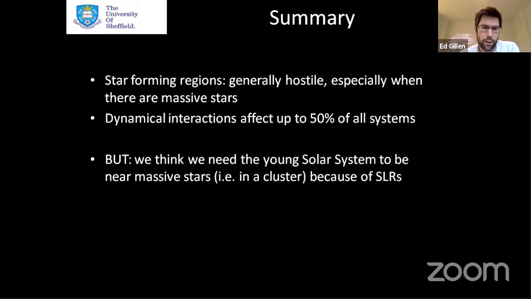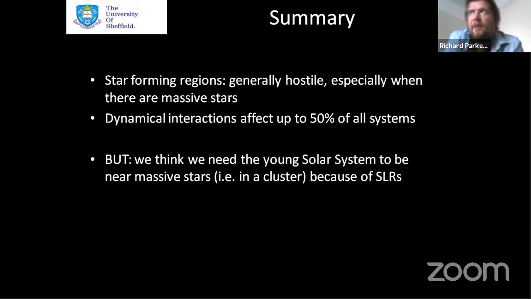Given all of this, is there a picture emerging about what kind of environments would still allow planetary systems to form and not be disrupted to the point where you would be kicking out most of your planets and maybe leaving one hot Jupiter remaining?